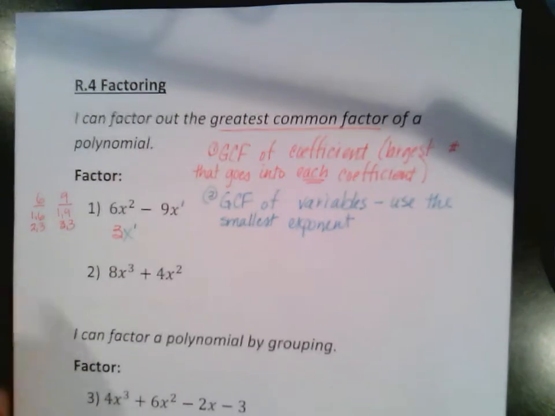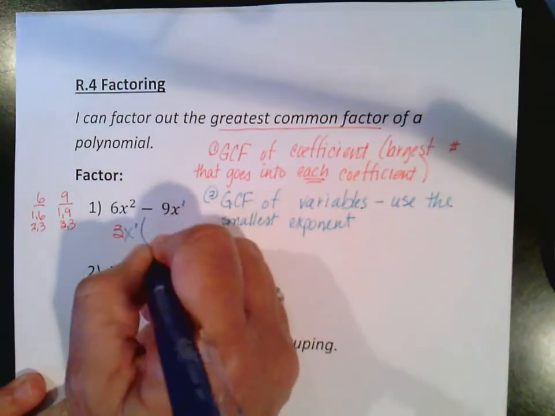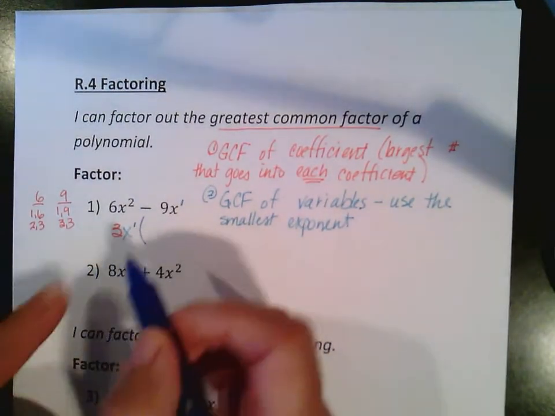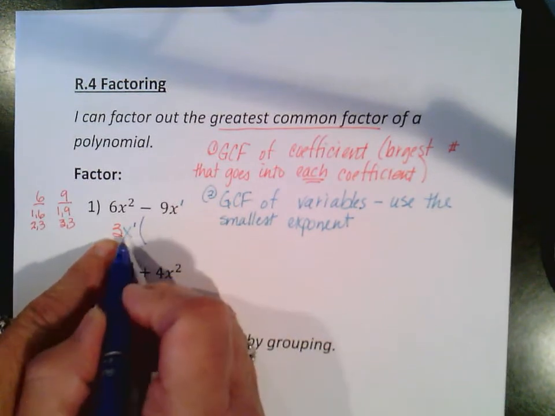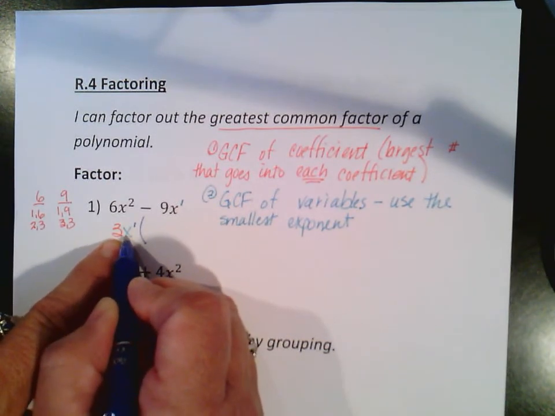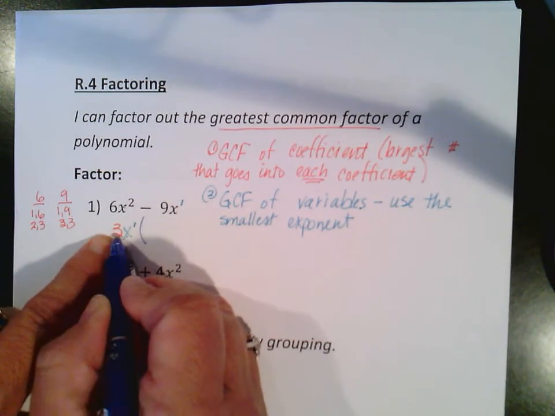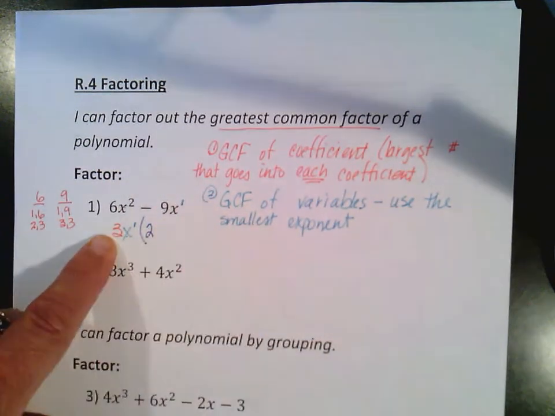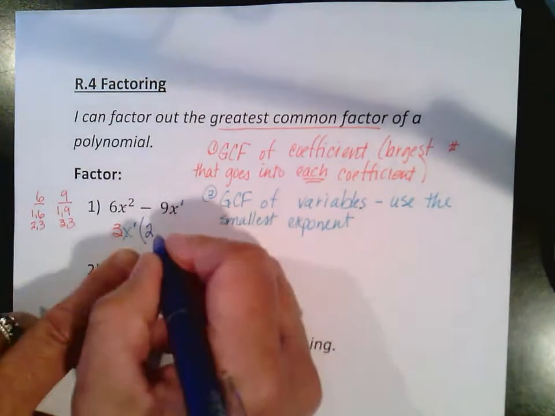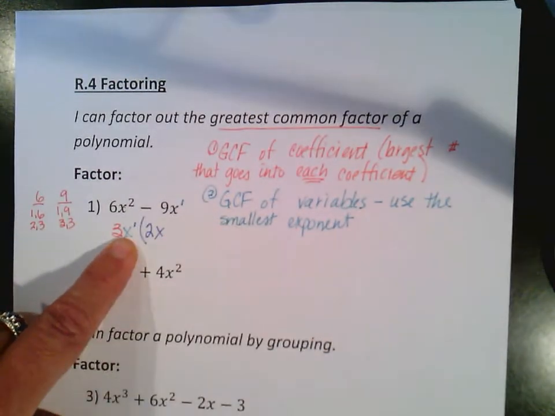To figure out what's left, I put the parentheses, and the first term of the parentheses is whatever I can multiply times this factor to get 6x squared. Start with the coefficients. What times 3 gives me 6? Well, that would be 2. On the variables, remember when we're multiplying variables, we're adding exponents.